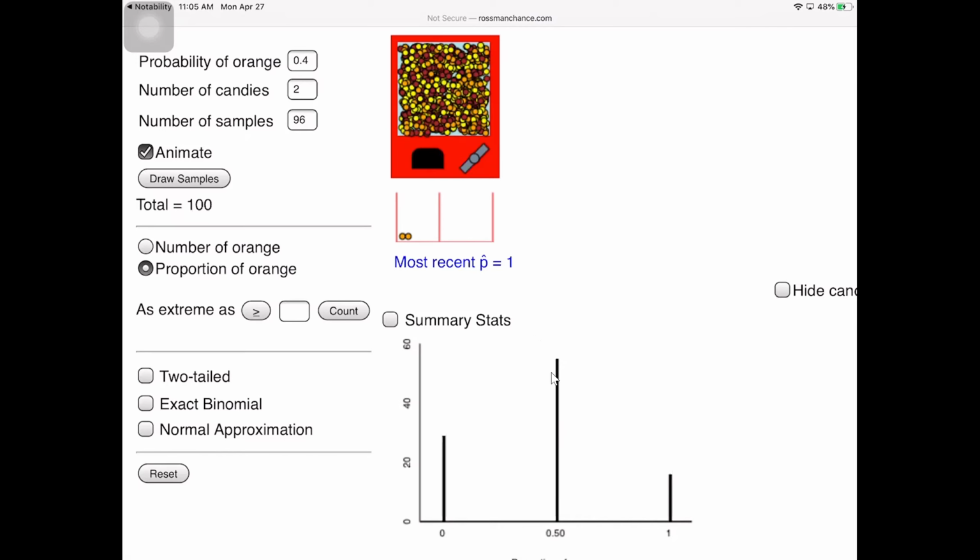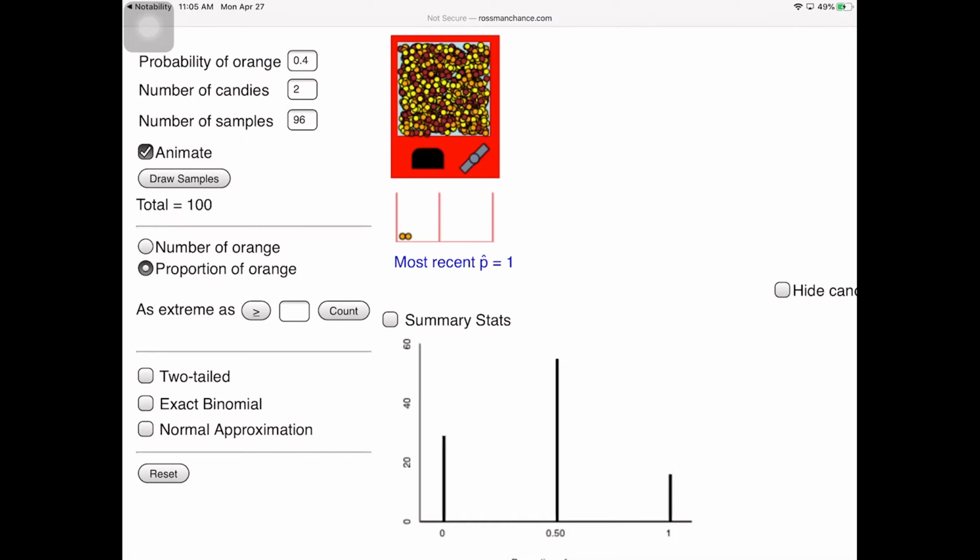But if you look at the range, what's the lowest possible value based on this graph? The lowest value is 0, and the highest possible value is 1. So the range is anywhere from 0 to 1.